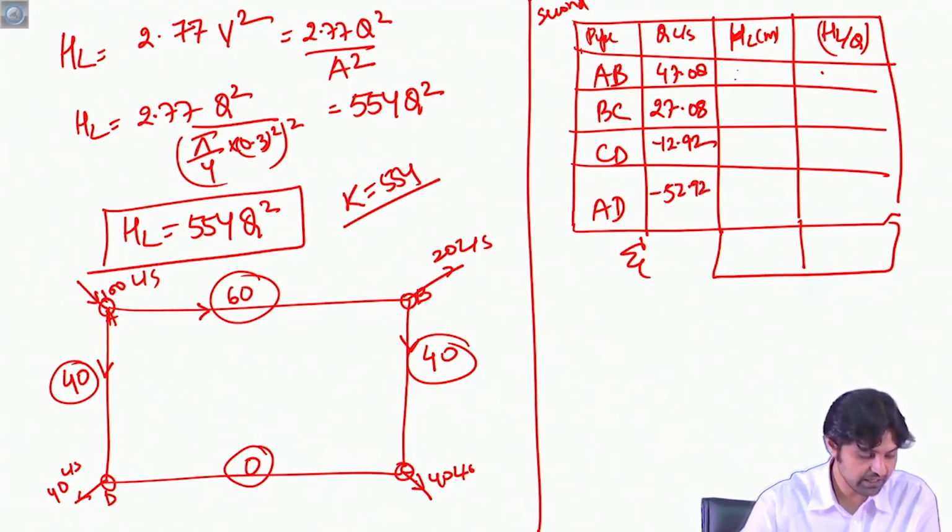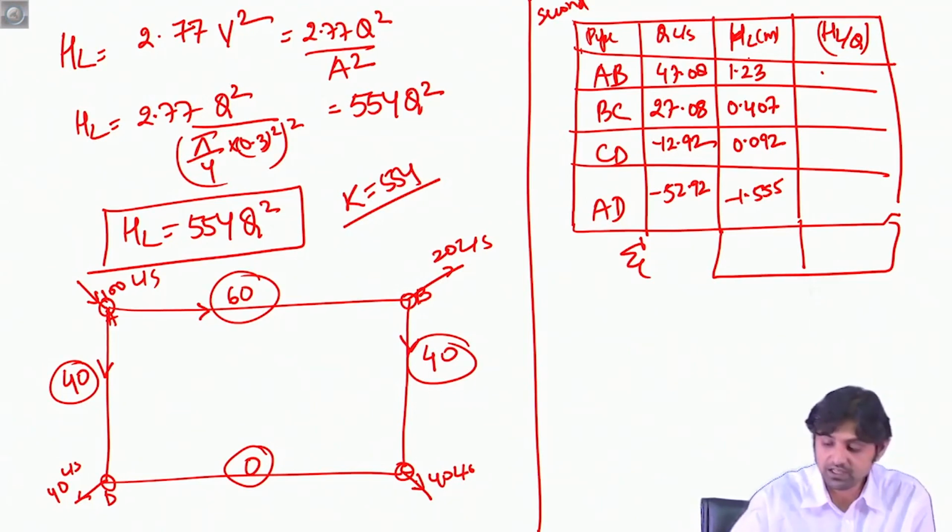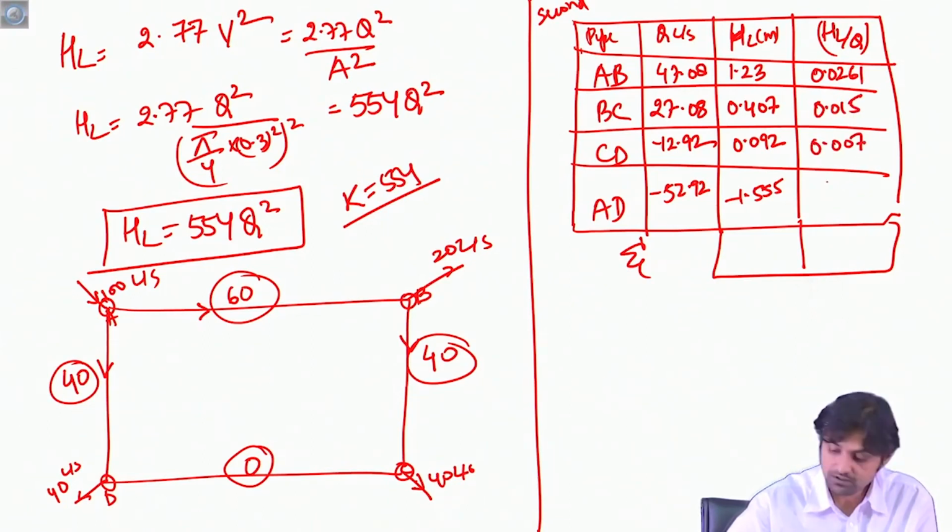Similarly, HL if we calculate, we will get 1.23, we get 0.407, we get 0.092, and we get minus 1.555, because HL is 554 into Q square. And HL by Q, this HL by Q is 1.23 divided by 47.08. If you use the calculator, 0.0261, 0.015, 0.007, 0.0294.